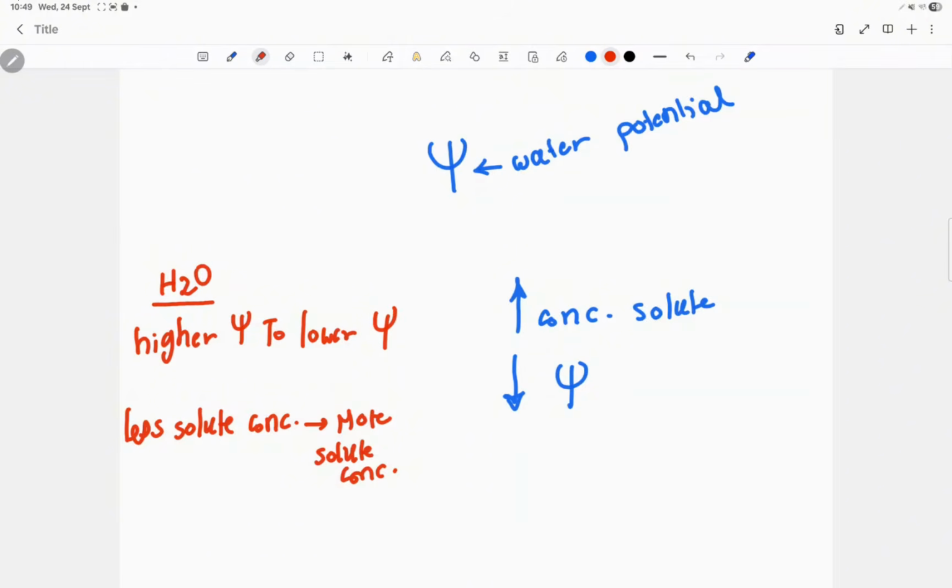Water will always move by osmosis from the area of higher water potential to the area of lower water potential, or from the area of less solute concentration to the area of more solute concentration, until we establish equilibrium.